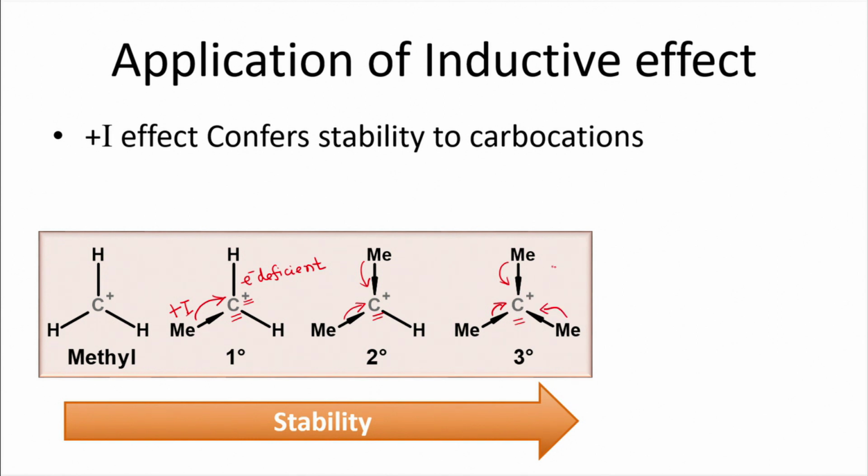So, the stability of the tertiary carbocation becomes very high compared to methyl. In the case of methyl cation, hydrogen does not push the electron, because its plus I effect is very less. So, the hydrogen cannot stabilize the electron deficient carbocation. So, the methyl cation is very unstable.